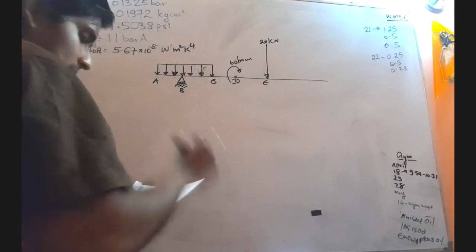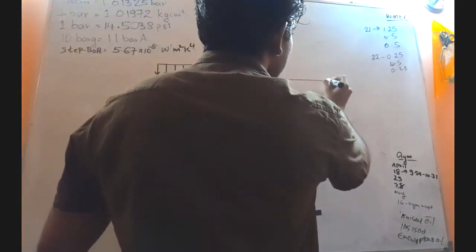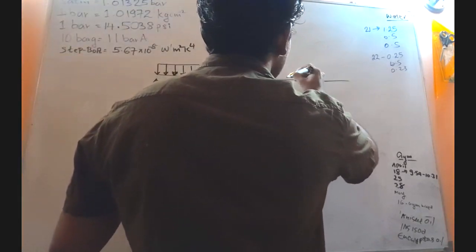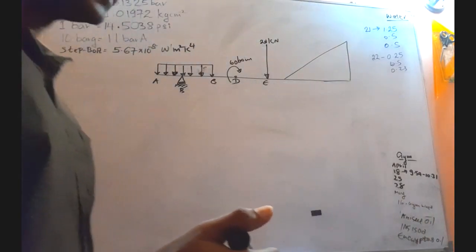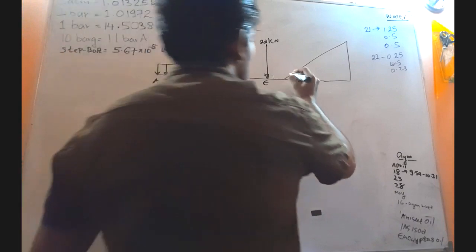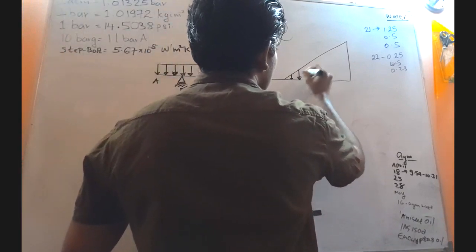Then we have a uniformly varying load, and this is how I am going to sketch that.